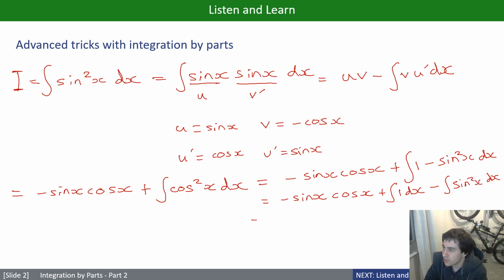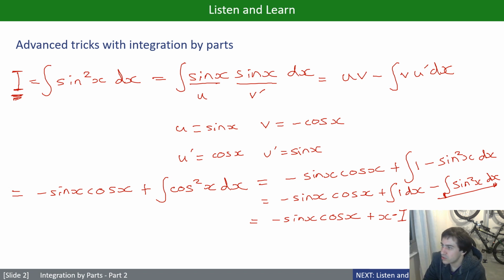And then again, I'll write it here: minus sine x cos x plus the integral of 1 with respect to x, which is just x, and then minus the integral of sine squared x. Well, we said the integral of sine squared x has a name. We named it here, we said it was I. So let's replace that with the name for whatever we think that answer is. It's this unknown, capital I.